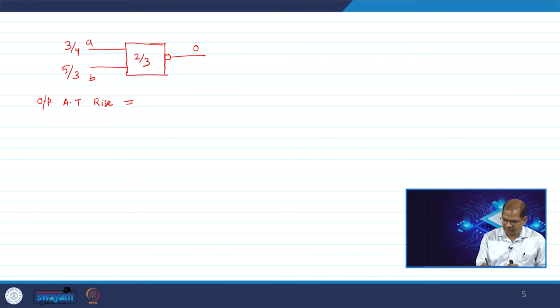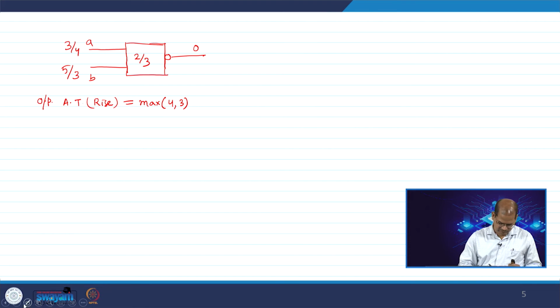Output arrival time rise equals max of the input fall arrival time. What is the fall arrival time here? 4 comma 3, these two.